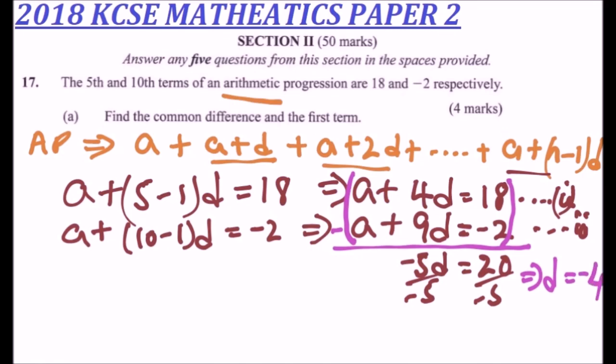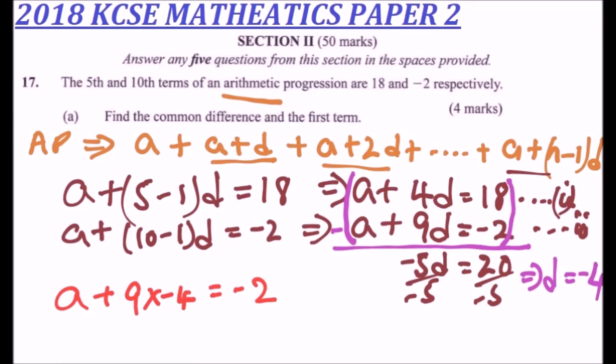So once we have d equal to minus 4, you can use either equation 1 or 2 to find your a. So let's use equation 2. So we say a plus 9 multiplied by minus 4 is equal to minus 2. So 9 times minus 4 gives you minus 36.